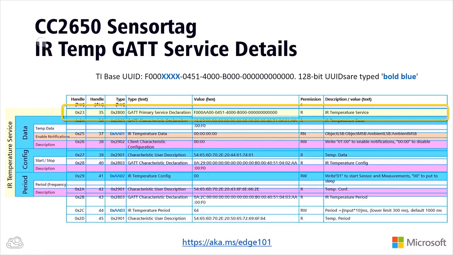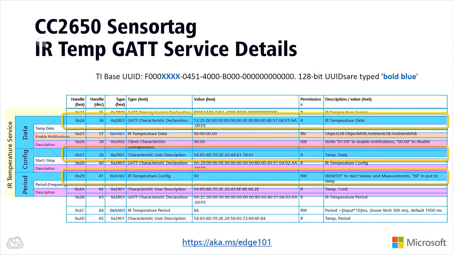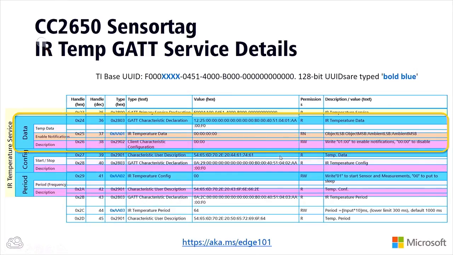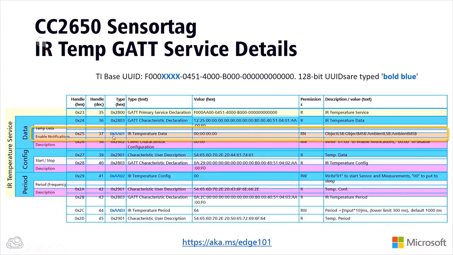That lets anybody who queries it know there's an IR temperature service on this device. And then down here are the things I might want to get from it. I can ask for the actual temperature data, I can configure it, I can tell it to send me notifications or not. If I look at this characteristic down here, notice there's this GUID of AA01, that fits right into those 4 characters up there.